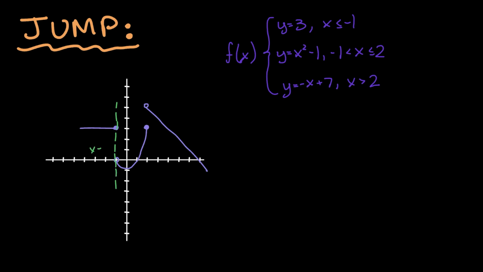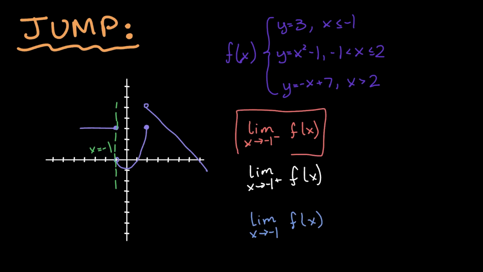How about this time, let's do it from x equals -1. So let's focus on this part first. Remember, we're not going left, it's from the direction of left. So what we're trying to do is get closer to -1 on the left side.